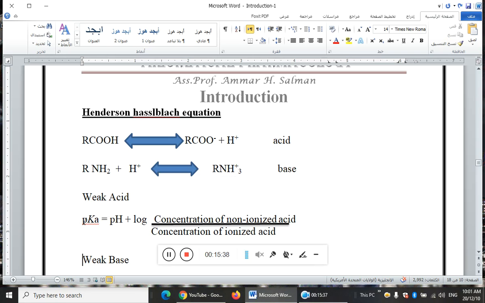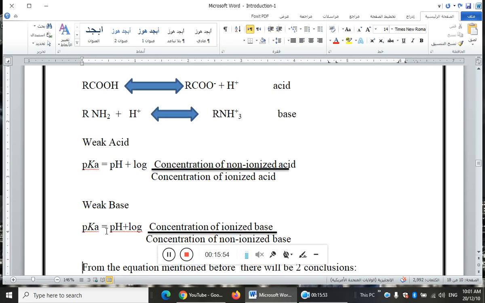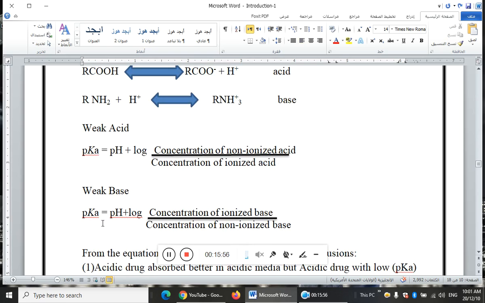So pKa, which means the dissociation constant, equals pH plus the logarithm of the concentration of non-ionized acid over the concentration of ionized acid, while in a weak base pKa equals pH plus the logarithm of the concentration of ionized base over the concentration of non-ionized base.